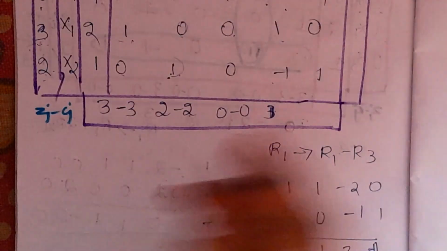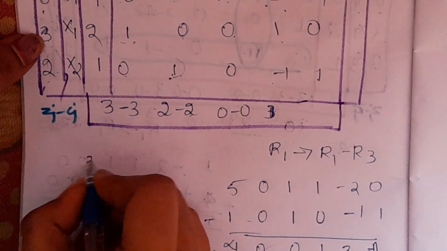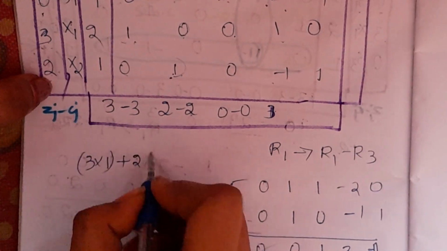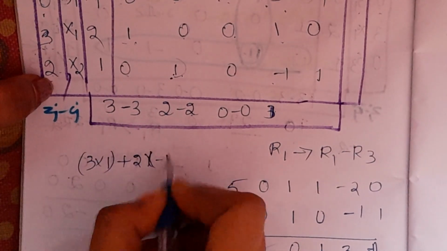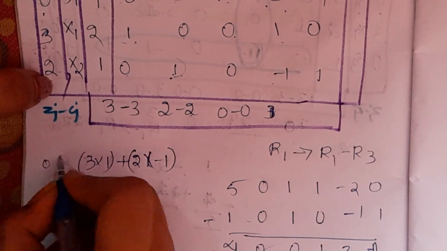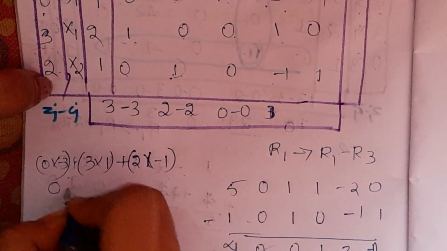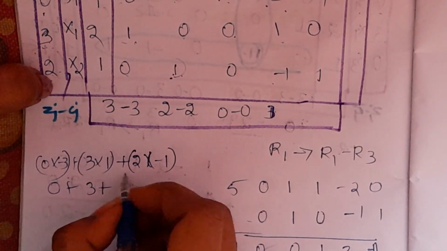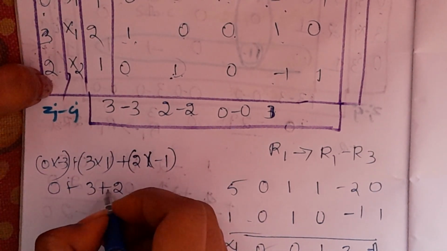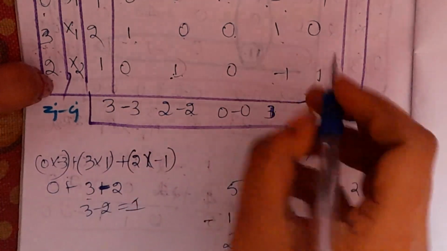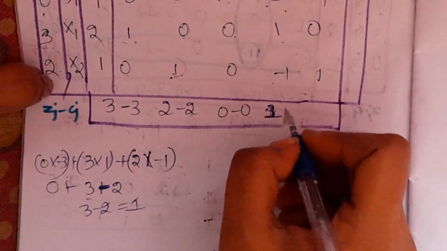In this column we will do the calculation: 3 into 1 plus 2 into minus 1, minus 0 into minus 3, plus 0, plus 3 plus minus 2. 3 minus 2 becomes 1, so here we will get 1.